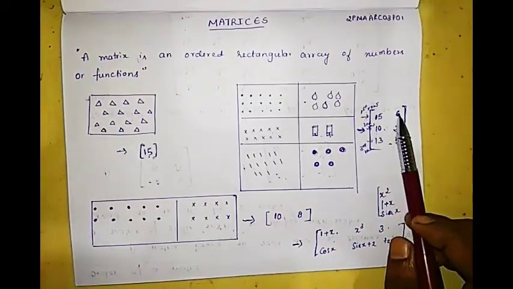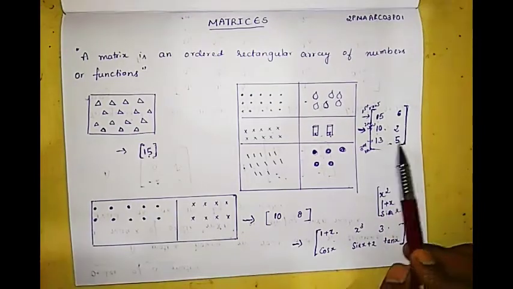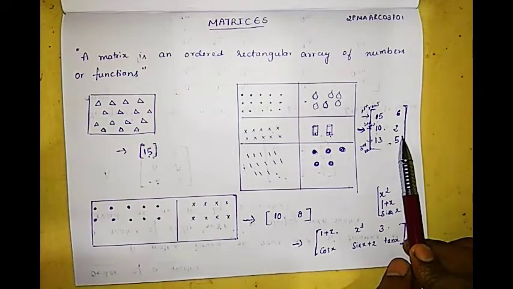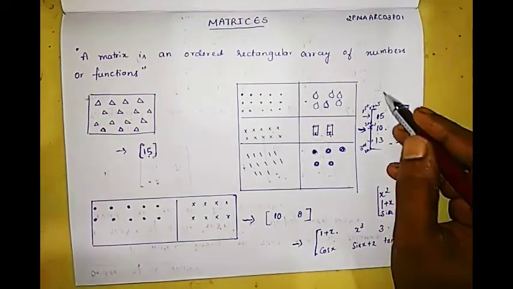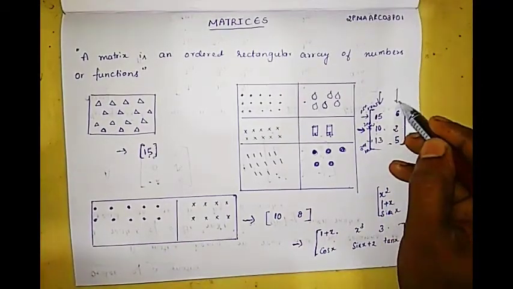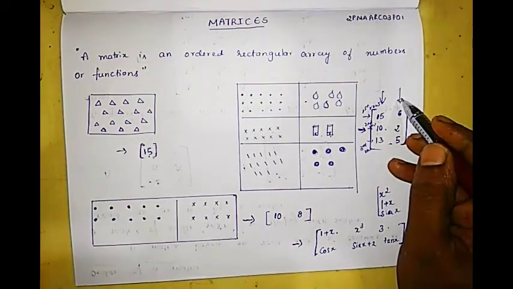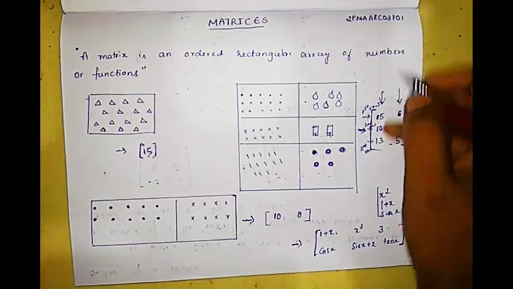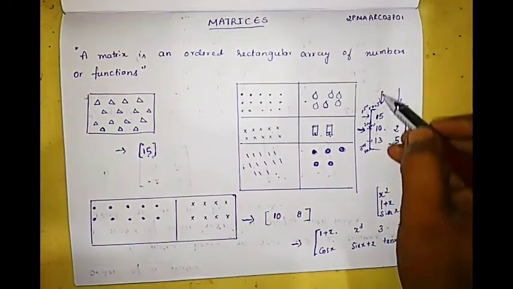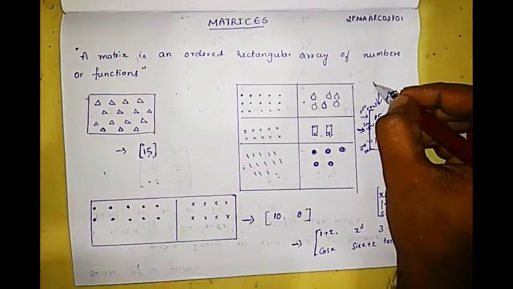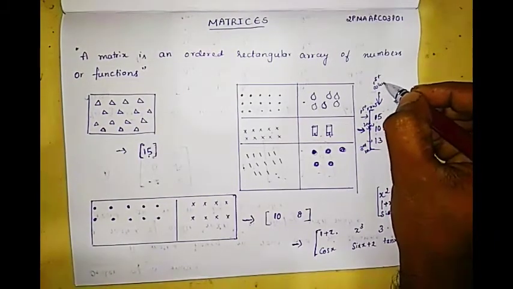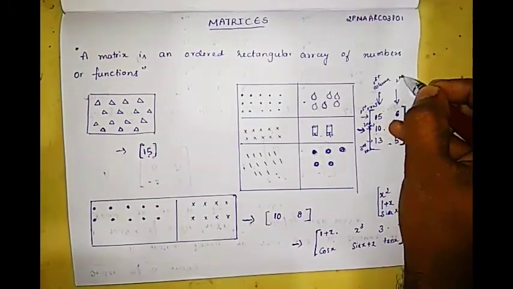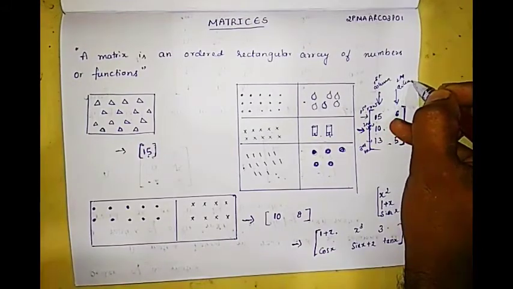This is the first row, second row and third. In the same way the vertical lines of elements are said to constitute columns of a matrix. This is the first column and this is the second column.